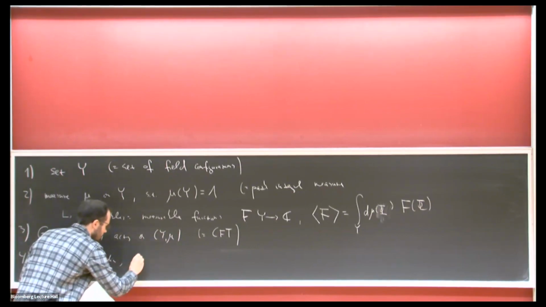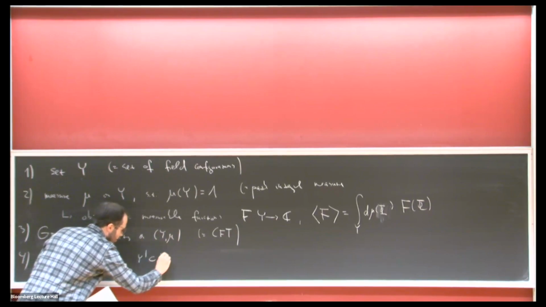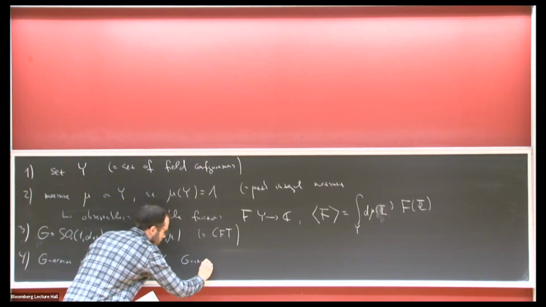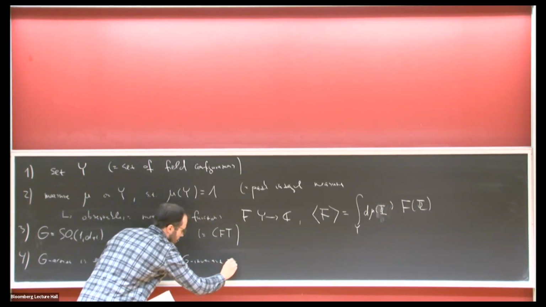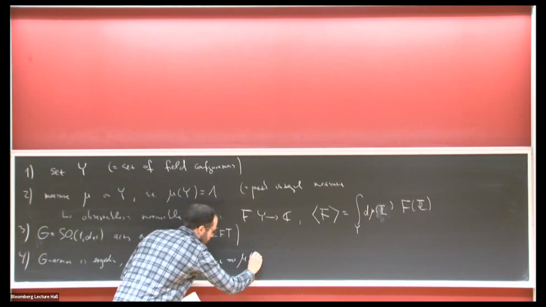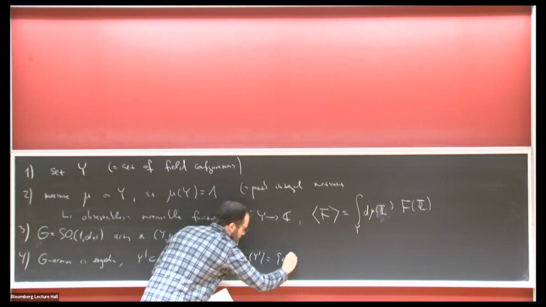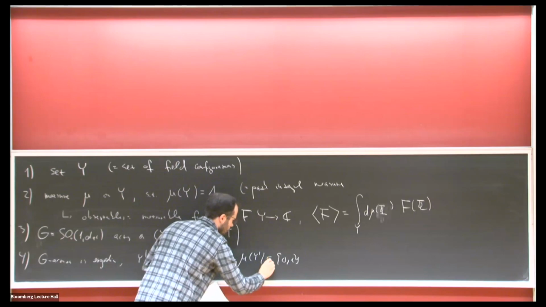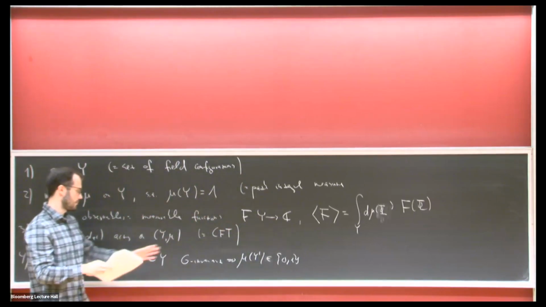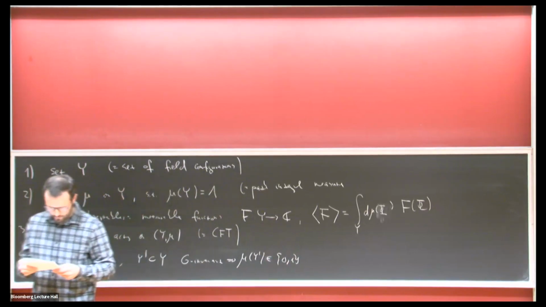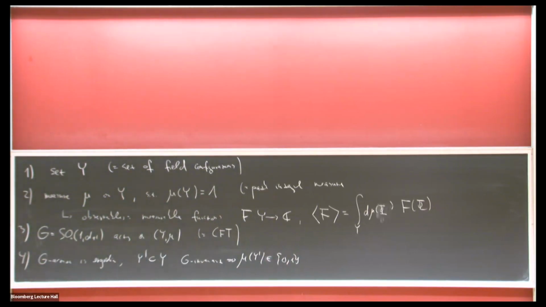So one way to say it is that if you have a y prime subset of y which is G invariant, then the measure of y prime is either 0 or 1. It's either basically empty or basically the whole space. And so I'm going to call conformal measure space anything that satisfies these four assumptions.